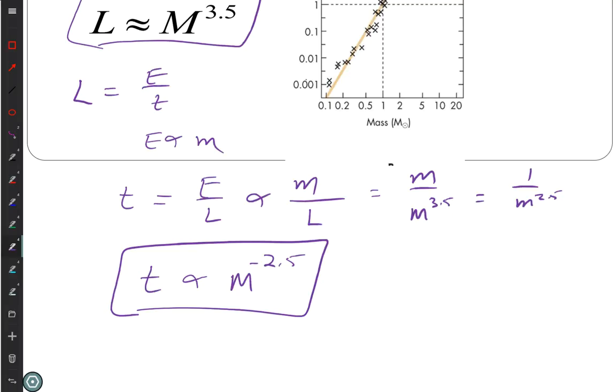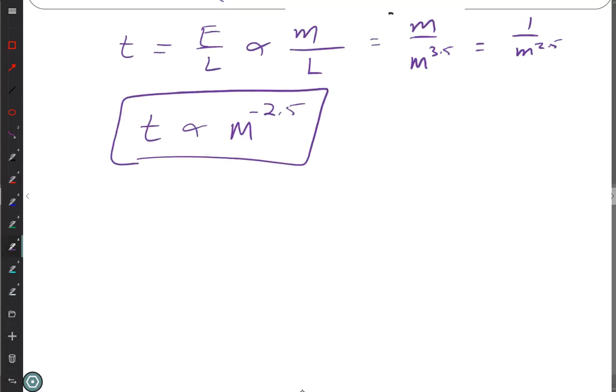So if I have a star that is 1 solar mass, its lifetime is 1 solar lifetime. So I could say the time for the sun is proportional to the mass of the sun raised to the minus 2.5 power.